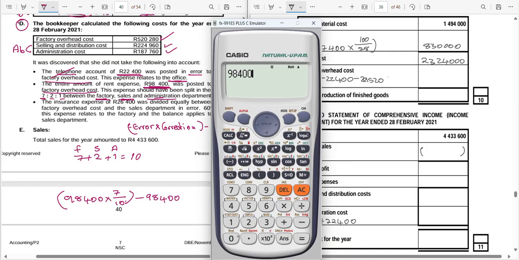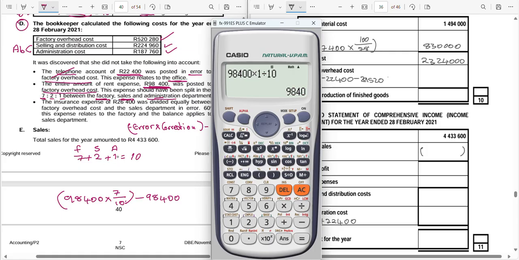98,400 multiply by what? Multiply by 1/10. So now I'm dealing here.